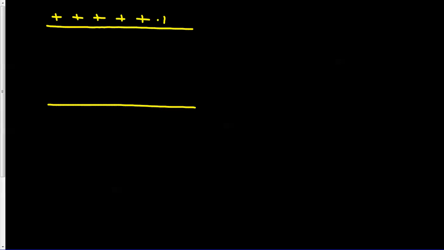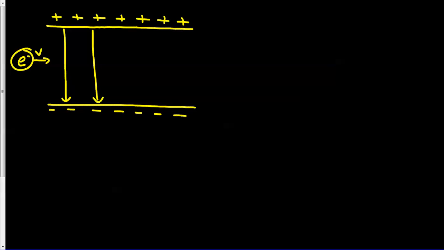Now, I started to give mention to the fact that we could also introduce some kinematic stuff when we are dealing with parallel plates. So if I take an electron and I give it some horizontal velocity, well, the field goes down, but we know that negative charges are attracted to positive things.